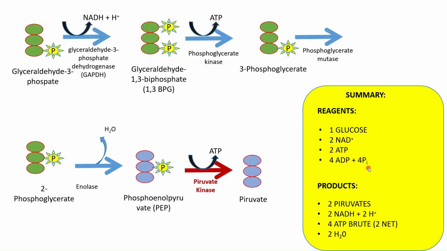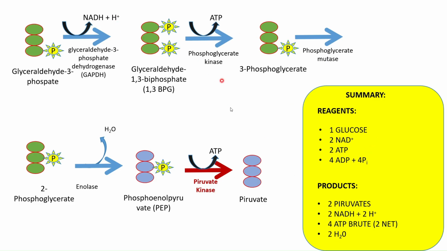And the products, we get 2 pyruvates, 1, 2 here, 2 NADH, 2 protons here, 4 ATP in total, 2 in here and 2 in here.